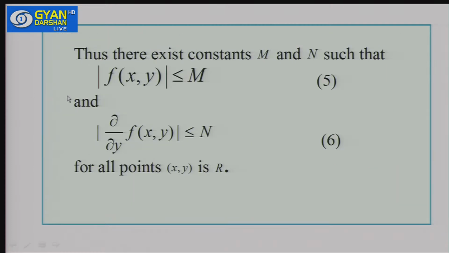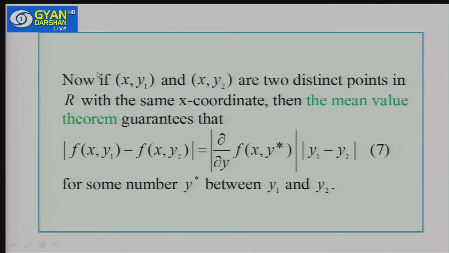Okay, so without any loss of generality, they are assuming let M and N be two constants, so that f is bounded by M and del f del y is bounded by N, and they have already shown that they are bounded from the initial conditions, from the given conditions. Now again we are going to use it. See smartly what you are doing.